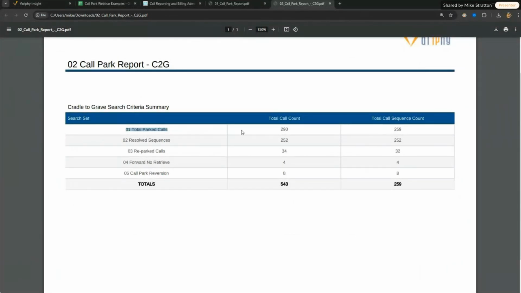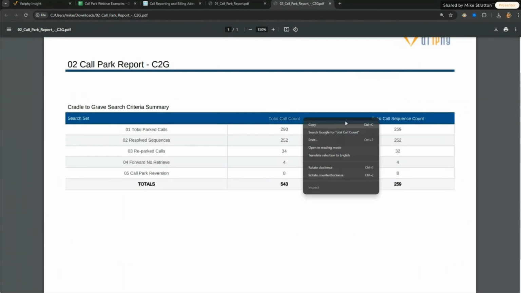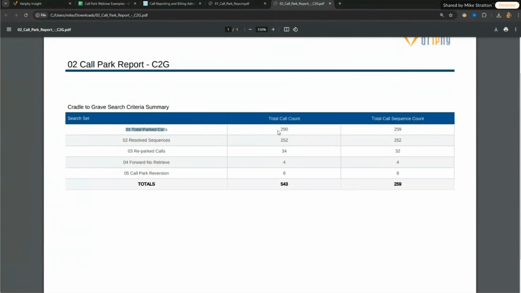But what we have here is a total call count and total call sequence count. Each one gives a different point of view, and the hard part is getting someone to understand what each one means. Total park calls is the number of unique times someone parked a call versus how many unique callers were parked. Resolved sequences should always be the same, but this is how many of those 259 sequences were completed.